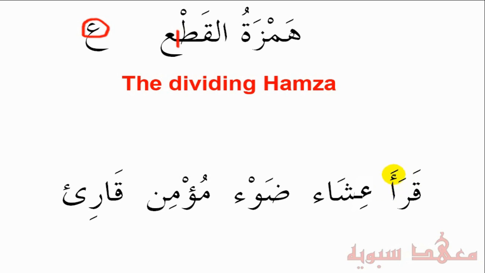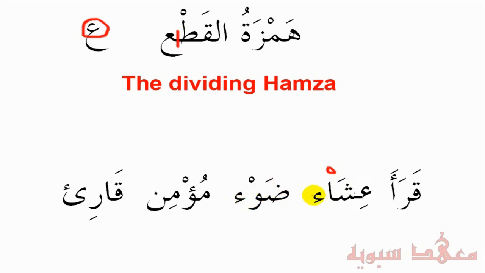Now when we have a letter that has a sukoon, as in these 2 words here, Isha and Daw'. So here there's elongation, Isha, the long vowel, but here is actually a sukoon. And when this happens, the Hamza is all alone by itself in both of these cases.